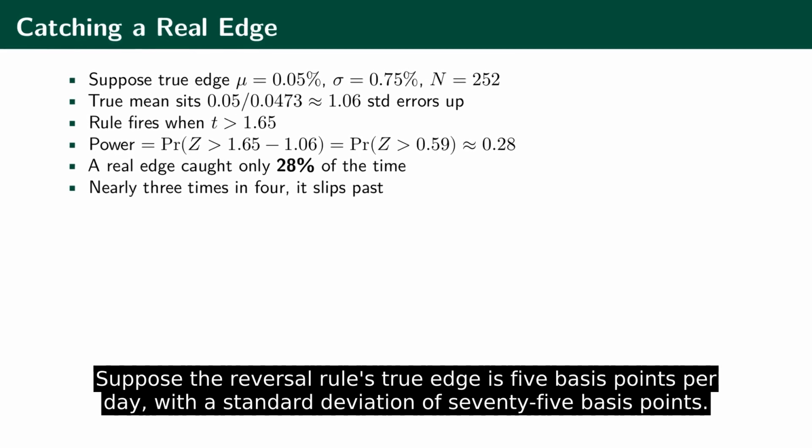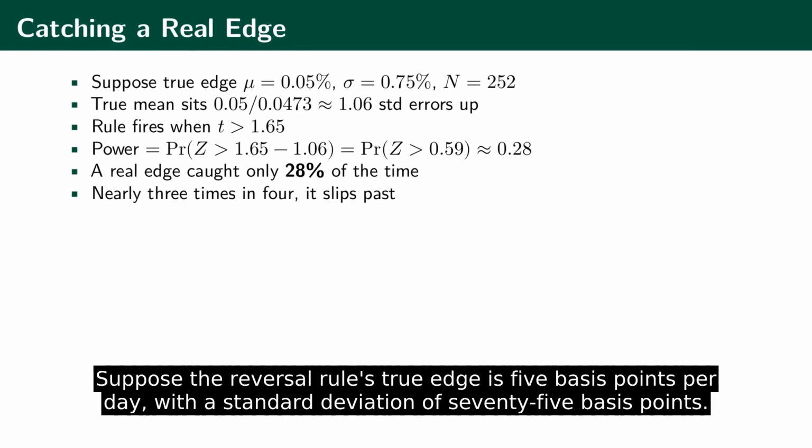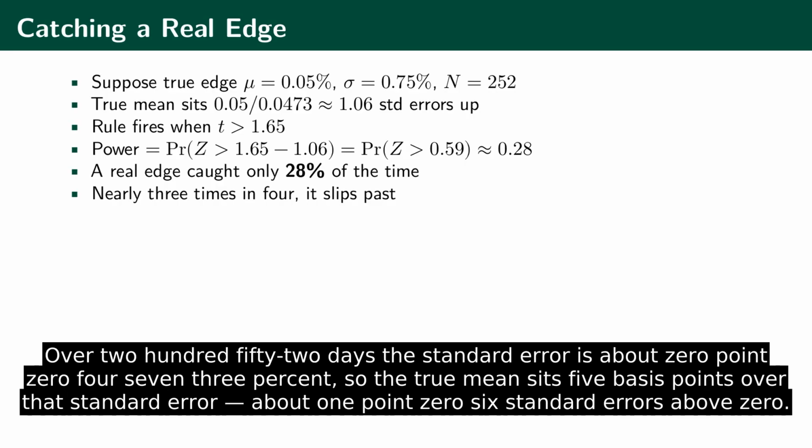Suppose the reversal rule's true edge is 5 basis points per day, with a standard deviation of 75 basis points. Over 252 days, the standard error is about 0.0473%, so the true mean sits 5 basis points over that standard error, about 1.06 standard errors above 0.